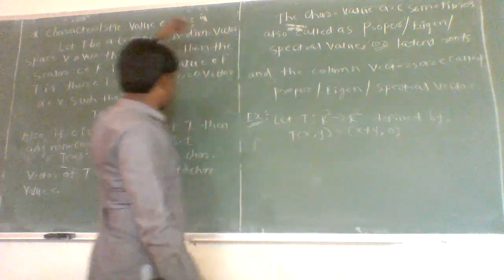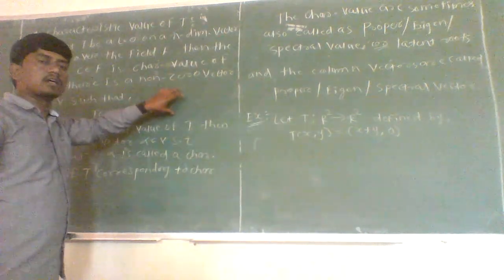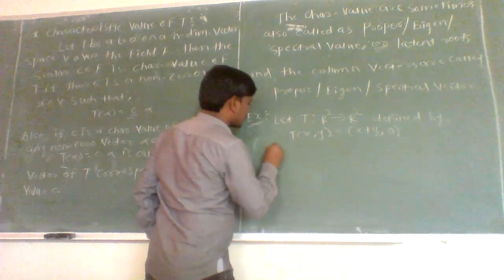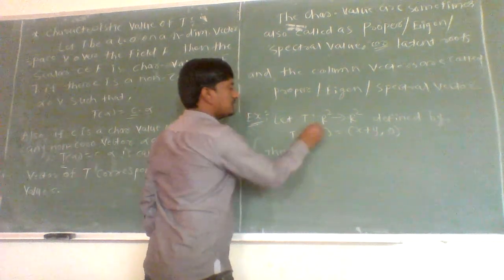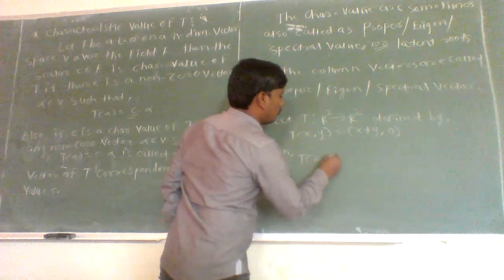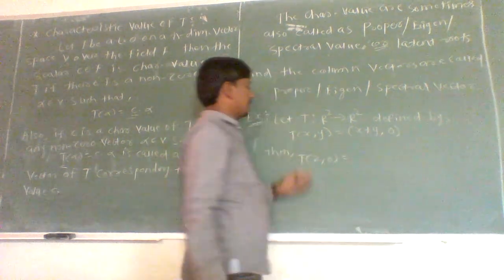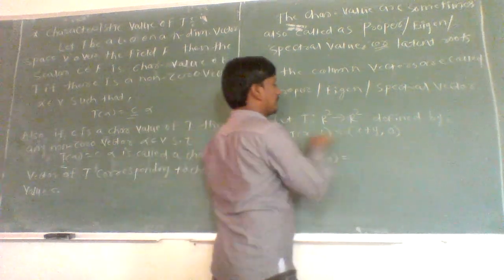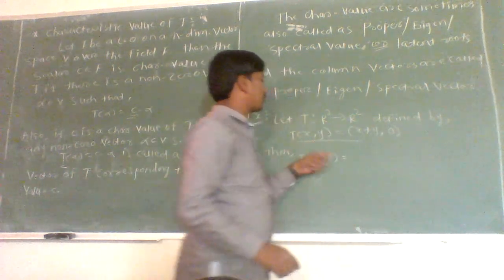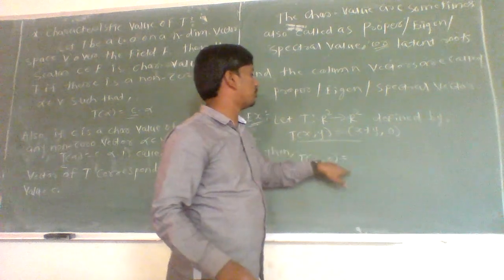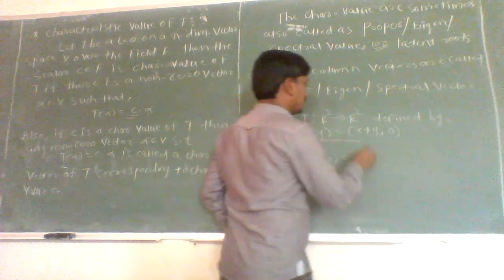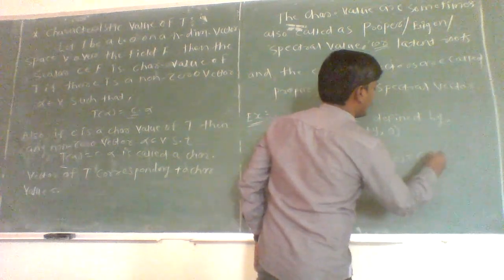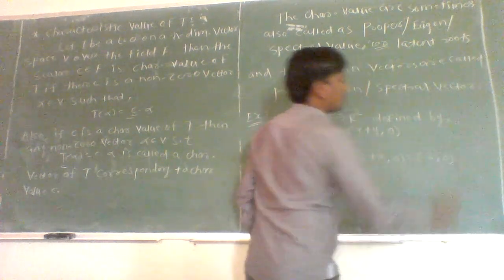Now we have to find the characteristic value and characteristic vector corresponding to that characteristic value. From this definition, T of (2, 0), where x is 2 and y is 0, is 2 plus 0 comma 0, which is equal to (2, 0).